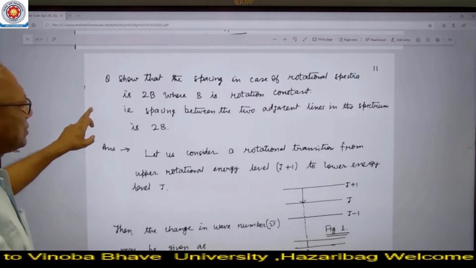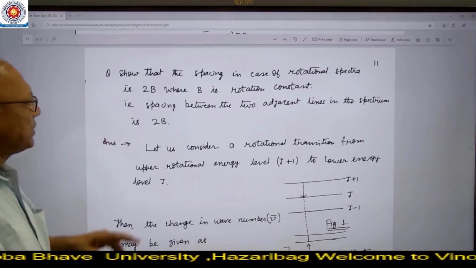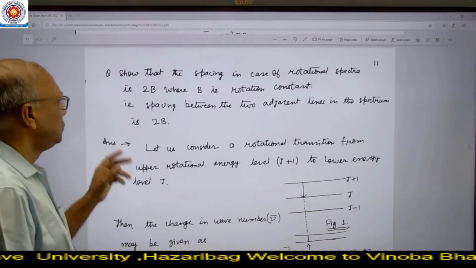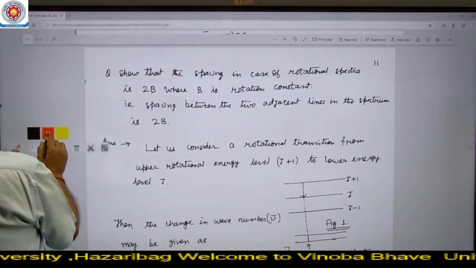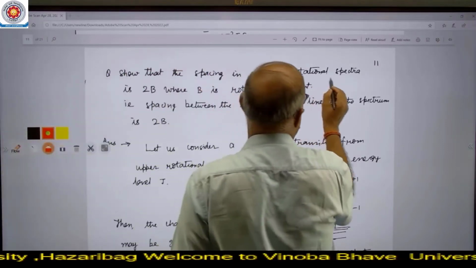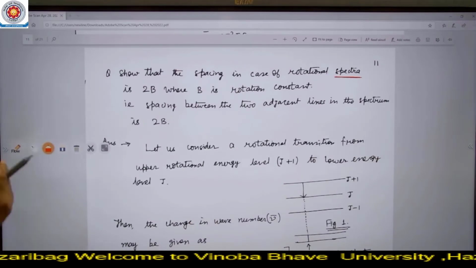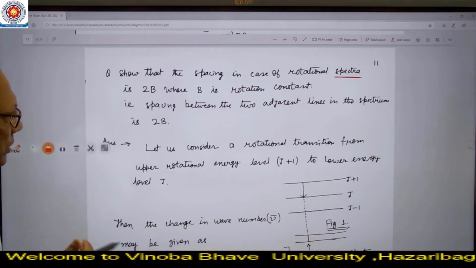Now another important question is: show that the spacing in case of rotational spectra is 2B. Spectra means the spectrum obtained in rotational spectroscopy, not the energy levels.